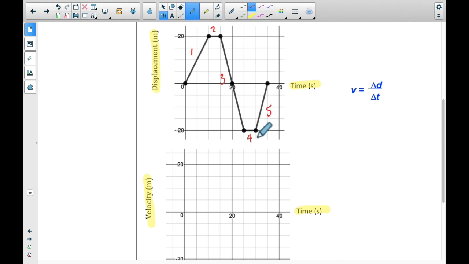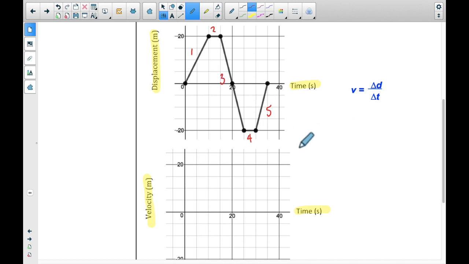And the places where they are horizontal, they are stopped. And also the direction matters. This has a positive slope, so it's walking or running in the positive direction. This one has a negative slope, so it's running backwards past where they started and towards another point. And then they stop there for a second, and then they go back the other way.